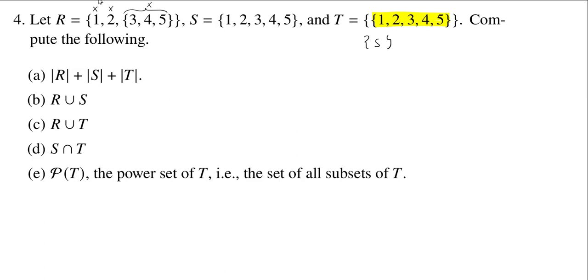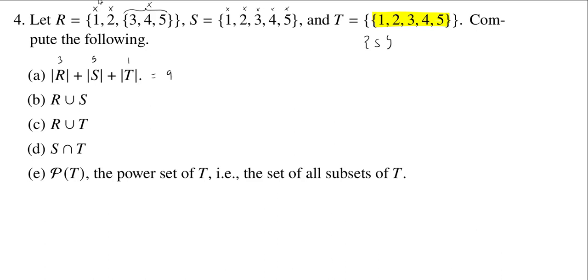It just knows it contains this set. So R has 3 elements. S, now this is very straightforward. We have 1, 2, 3, 4, 5 elements. Nothing tricky here. And then finally, T, well, we know T only contains 1 element. Actually, it's the set S. So T has cardinality 1. And so in total, the sum of these 3 cardinalities, 3 plus 5 plus 1 is 9.